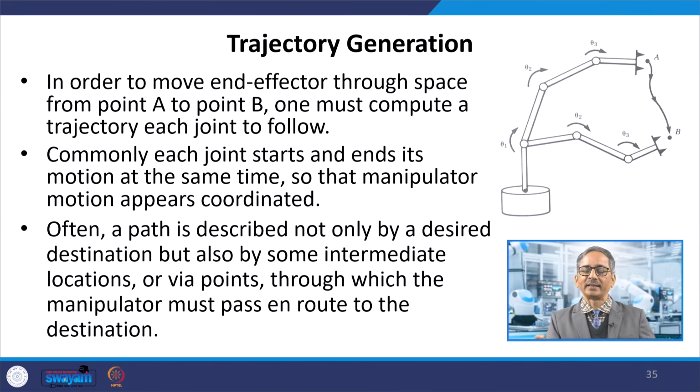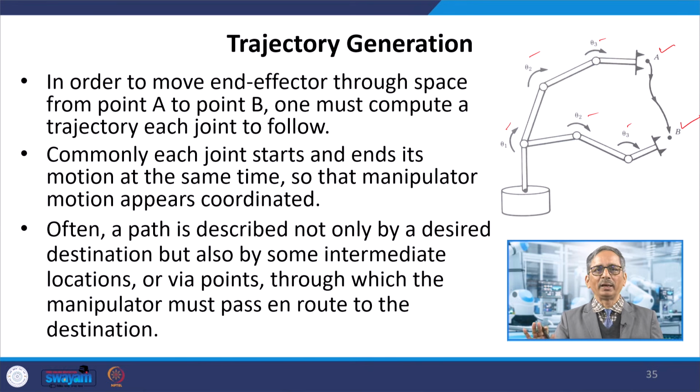Next part is the generation of trajectories. If the end effector has to move from path point A to point B, one must compute a trajectory each joint has to follow. So, what should be the trajectory of these joints when the end effector moves from point A to point B?